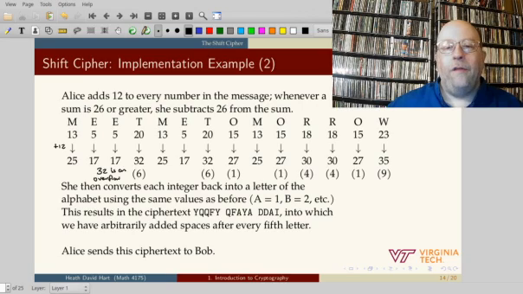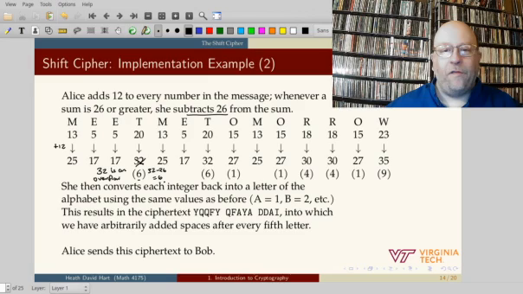It's bigger than the largest legal letter of the alphabet, and so instead of using 32, we subtract 26 from the sum, and that takes us back down to 6. 27 is an overflow. 27 minus 26 is 1. 30 minus 26 is 4, and so on and so forth.